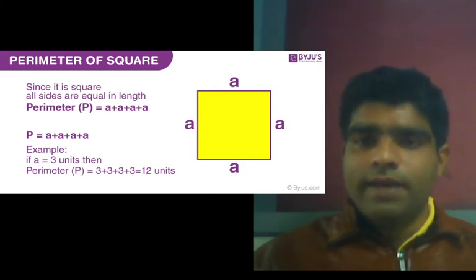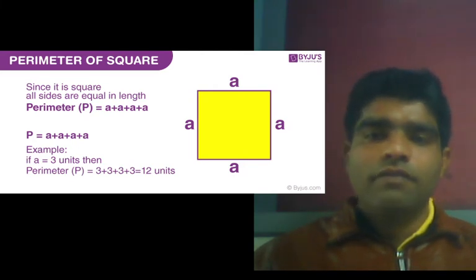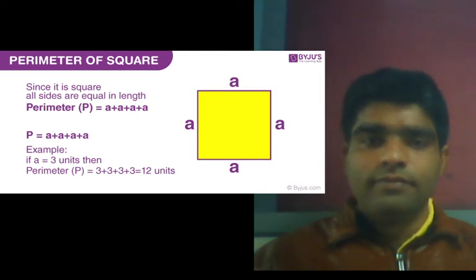Why 4 multiplied by a? Because all four sides are the same, and a is the length of a side.